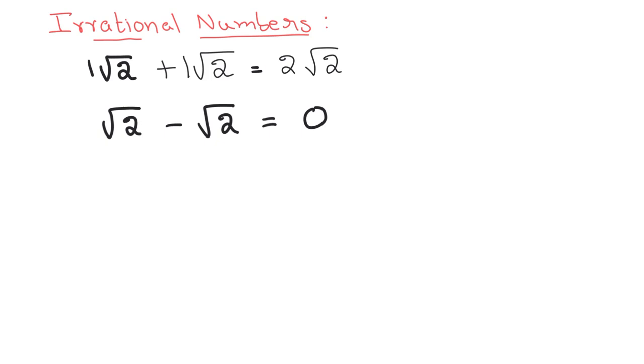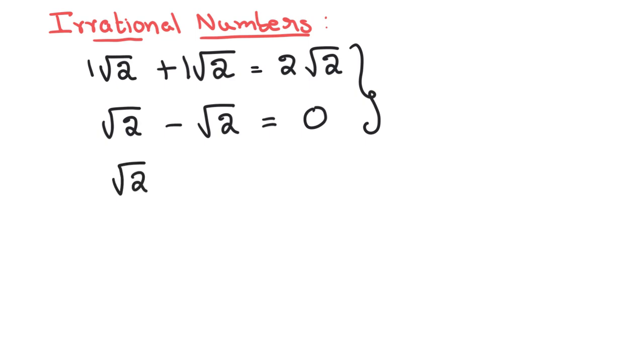So the difference of two irrational numbers may be irrational or may not be irrational. Understand? So the sum or difference may not always result in rational or irrational numbers when it comes to irrational addition or subtraction.